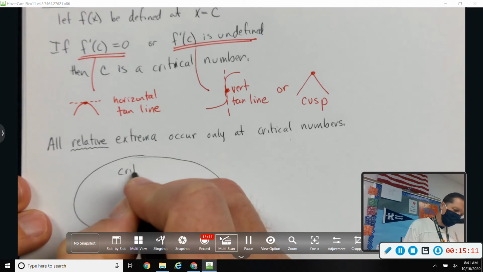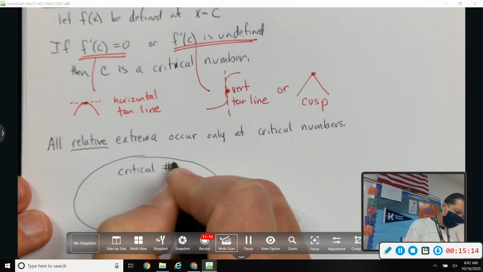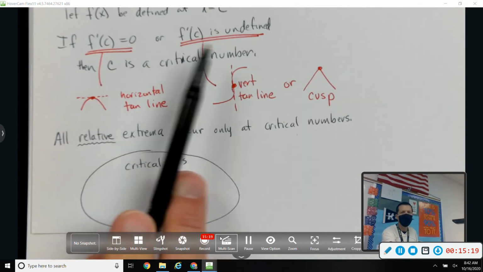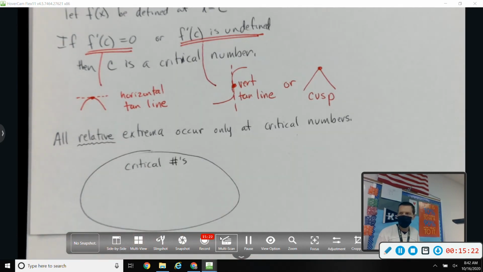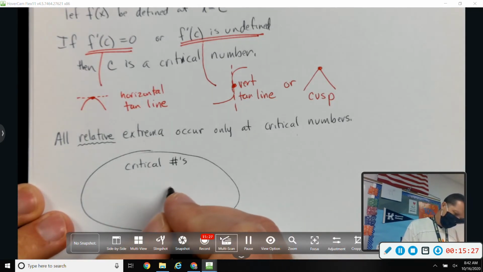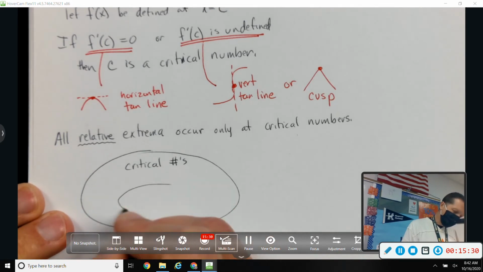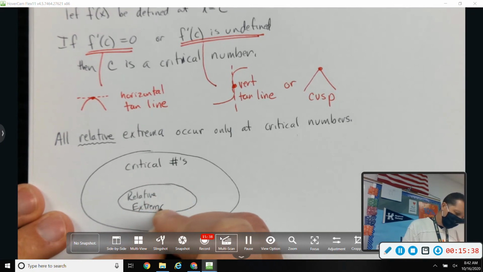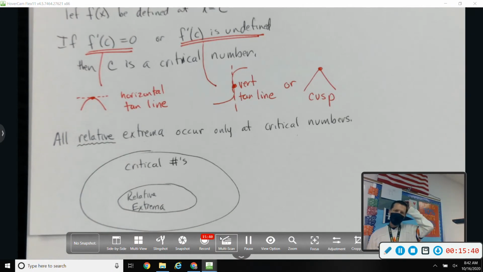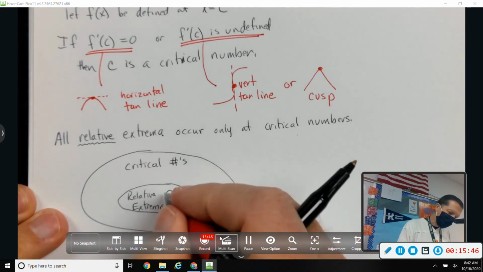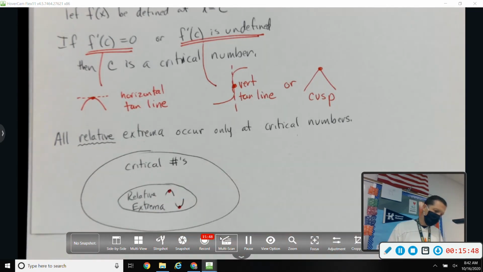Venn diagram for the visually inclined. So you have this big pool of critical numbers from setting the derivative equal to 0 or figuring out where it's undefined. So you have 4 or 5 options that are critical numbers. Within that set of critical numbers, you have all of the relative extrema. So maxes and mins are relative extrema and critical numbers.